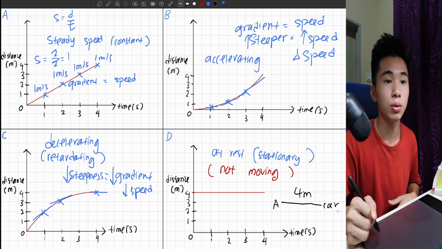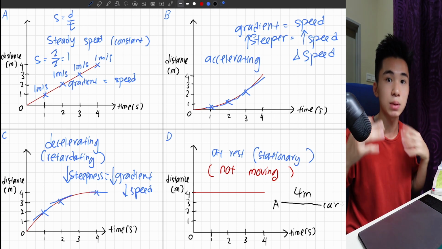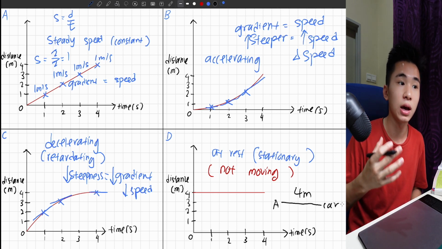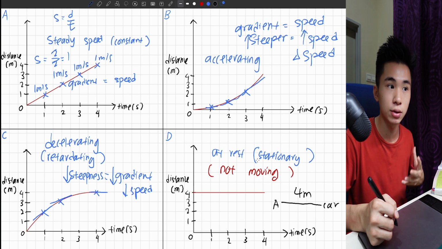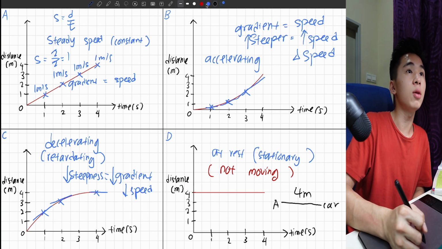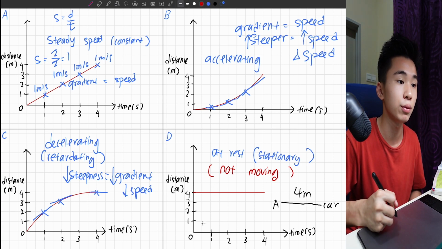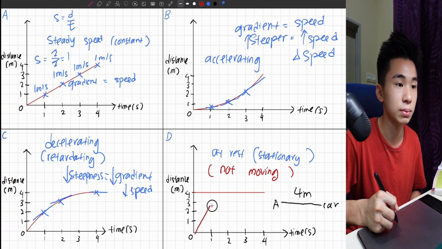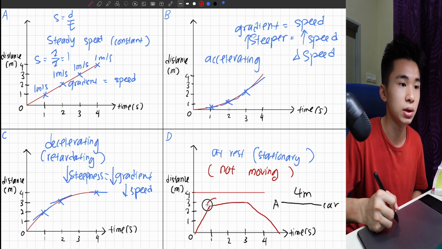So from point A to the car is 4 meters, and the car has already been parked by someone, which means it is not moving, the distance is not going to change, which means at rest, not moving, it's stationary. That is why we have a horizontal line, okay? But normally we will not encounter a graph like this. Normally we will look at a graph something like this, like a trapezium, and the rest is going to be here.